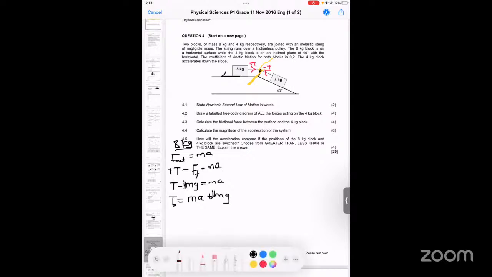So you will realize that when we do the 4 kg, we have this force in that direction, which is the FG parallel. Then we have the tension going in that direction. We also have the frictional force going in that direction.